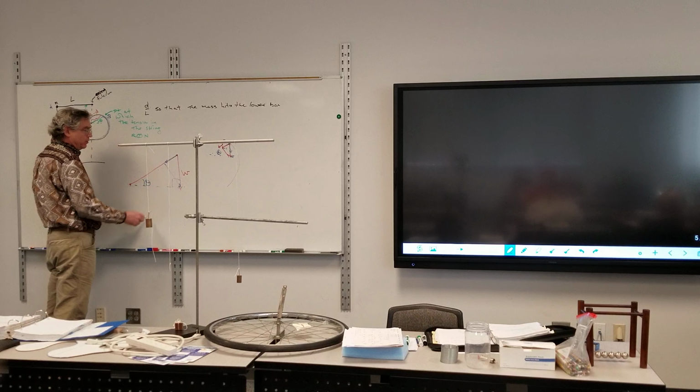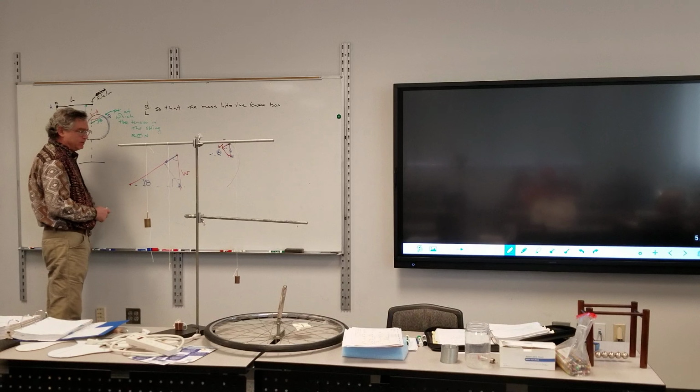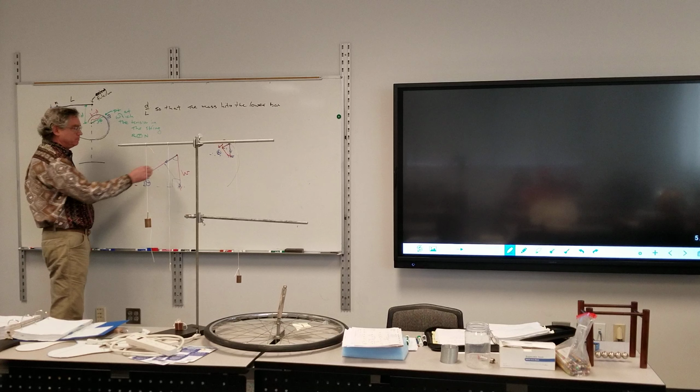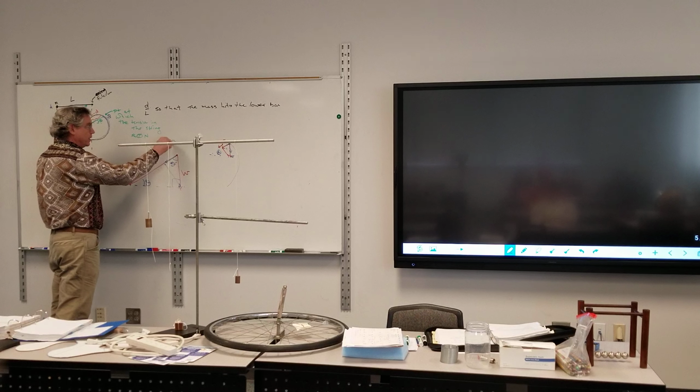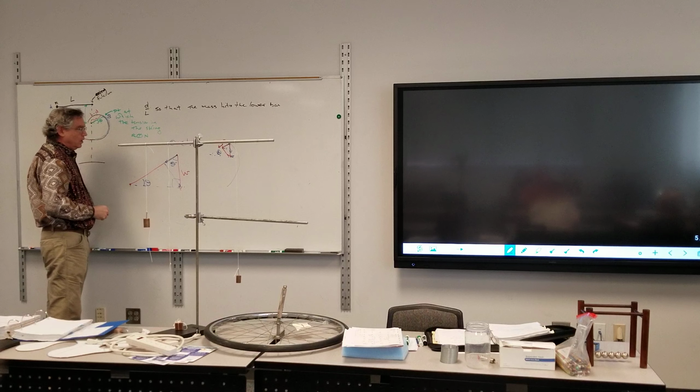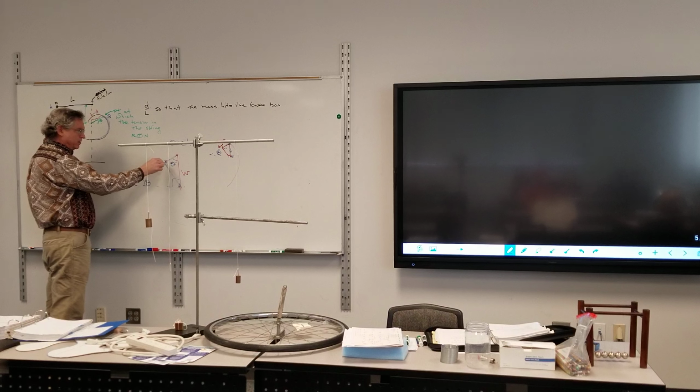That's a 90-degree angle there. What would this angle be? Yeah, so I'll label that as theta prime. So theta plus theta prime is 90 degrees. So the adjacent side here, what is it in terms of?